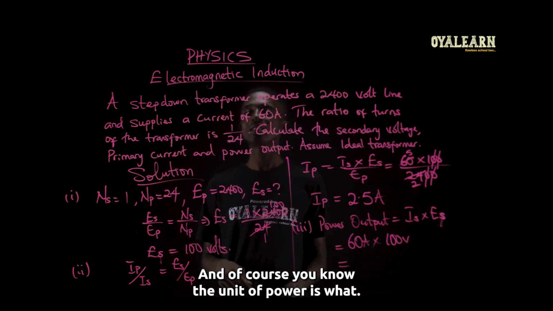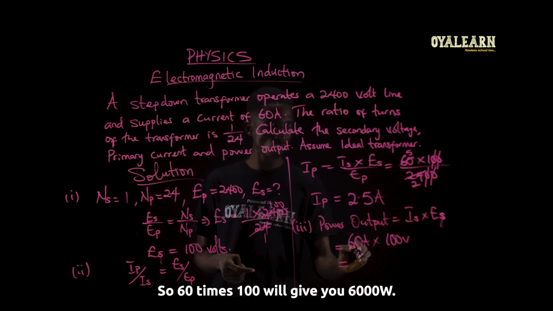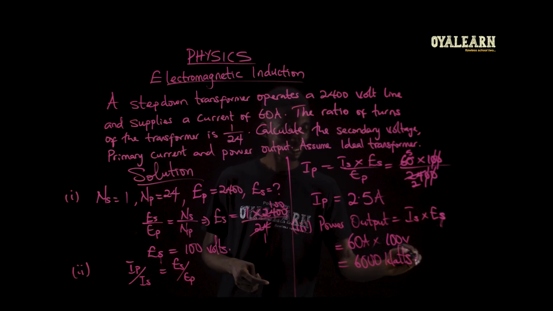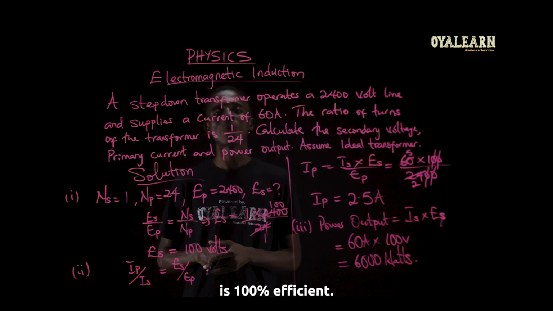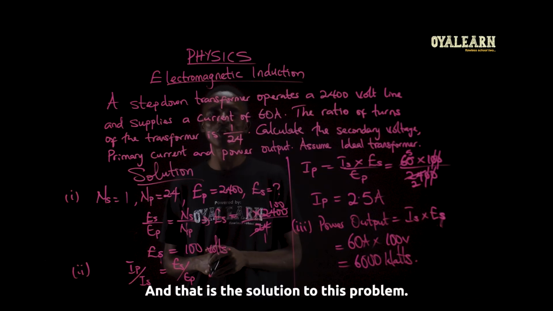And of course, you know the unit of power is watt. So 60 times 100 will give you 6,000 watts. And all of this is assuming that the transformer is 100% efficient. And that's the solution to this problem.